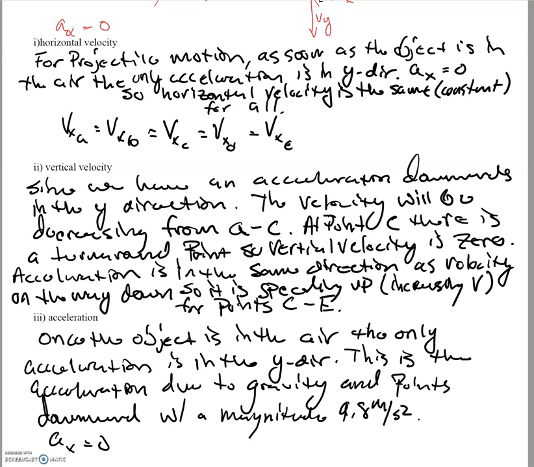So that means the acceleration in the x direction is 0. So for a problem like this, this is the level of detail we're looking for. You really need to highlight what is the same for all these intervals, what's different, and to really address each of those issues.